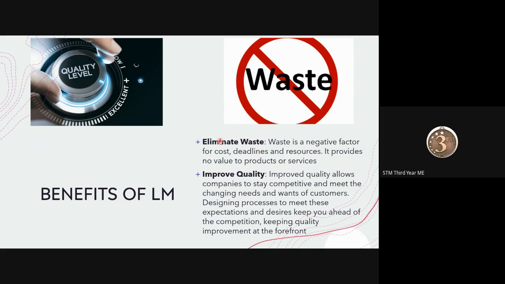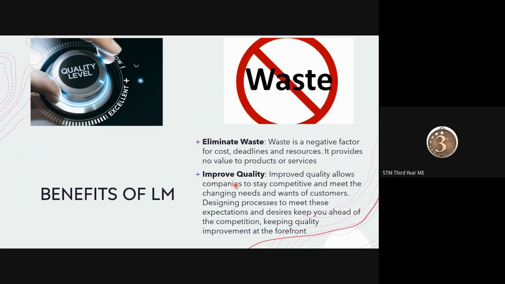These all will be eliminated in a lean manufacturing system. Waste provides no value to products or services, so such wastes are not given any value under LM or lean manufacturing. That is the first benefit of LM.